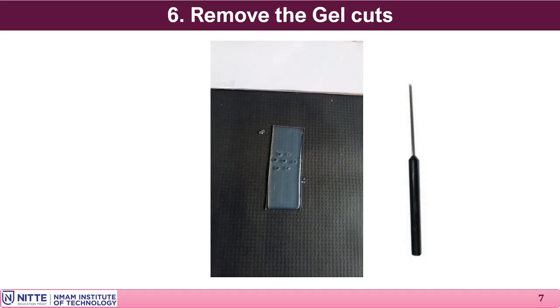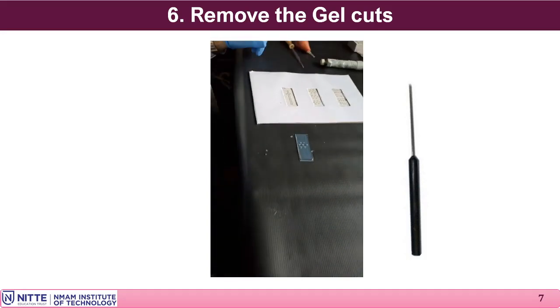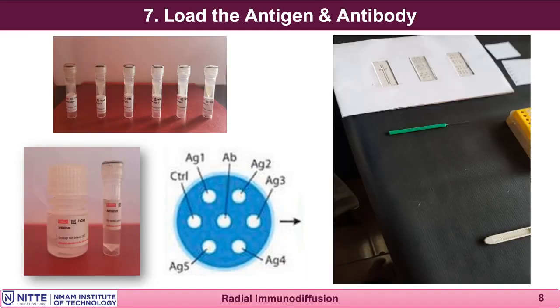The central well will be dedicated for the antibody and the peripheral wells will be dedicated for the antigen to be loaded. And in each well, you can load about 10 microliter of the antigen or the antibody. Here in this diagram, it is already shown that central well dedicated for the antibody and peripheral wells for the antigen.